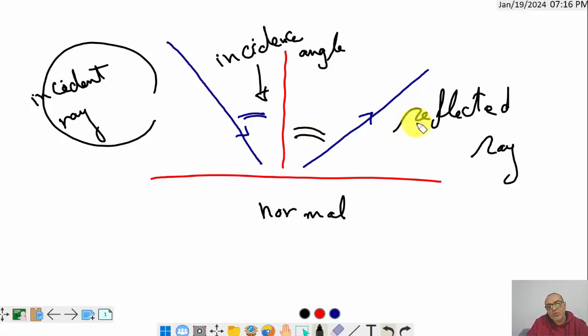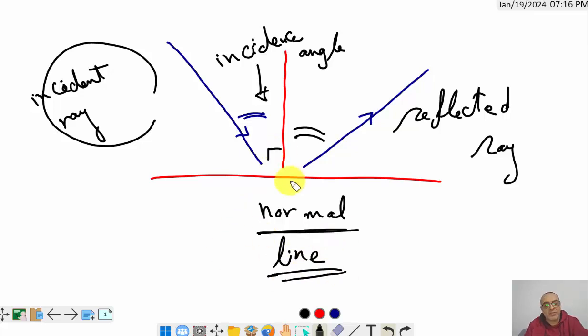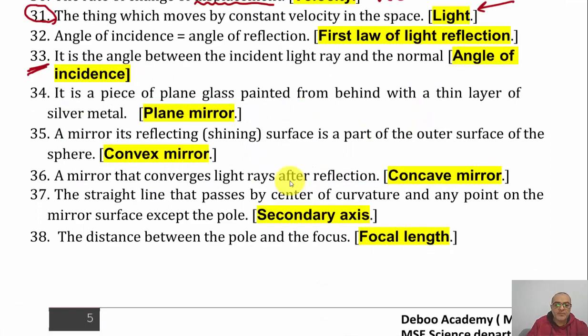While this one is called the reflection angle, or angle of reflection, the angle between the reflected ray and the normal line. This line is called the normal line because it's perpendicular to the reflecting surface. Back to the question here.